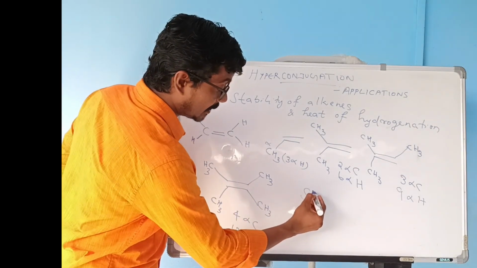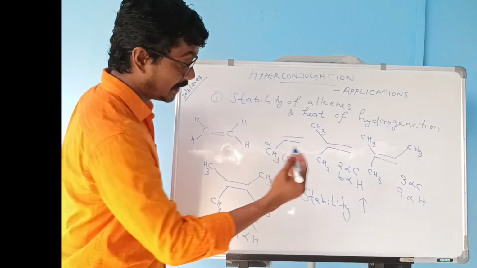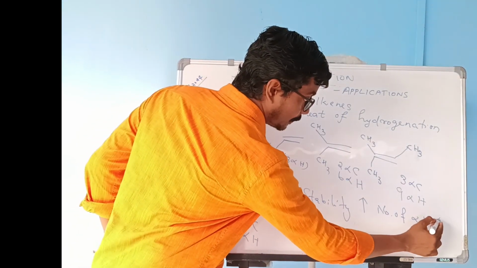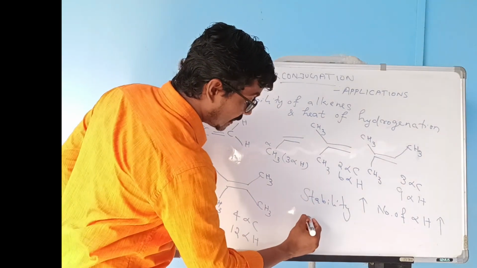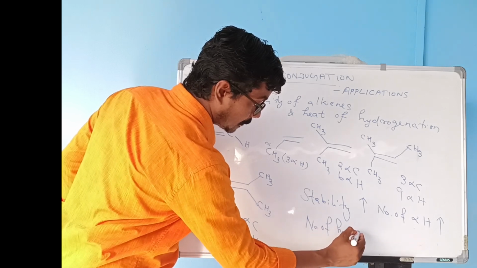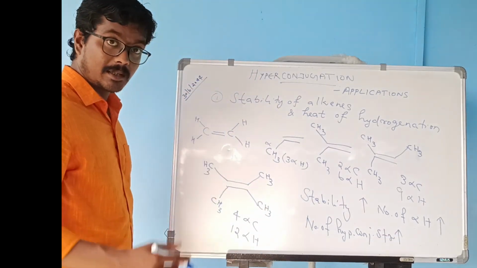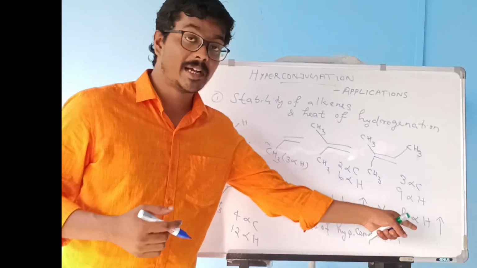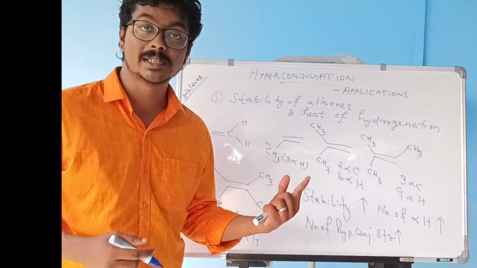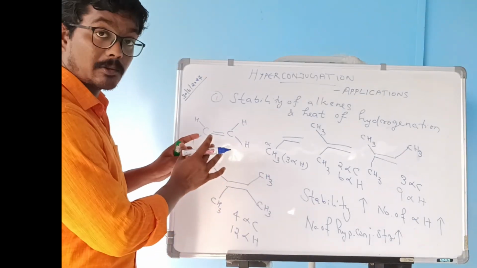So stability increases with an increase in the number of alpha hydrogen atoms, which in turn increases the number of hyperconjugative structures, right? More alpha hydrogen atoms means more hyperconjugative structures, which in turn increases the stability of that compound.